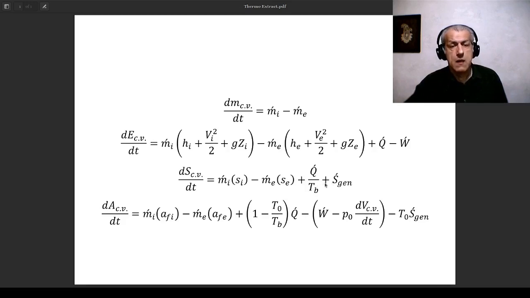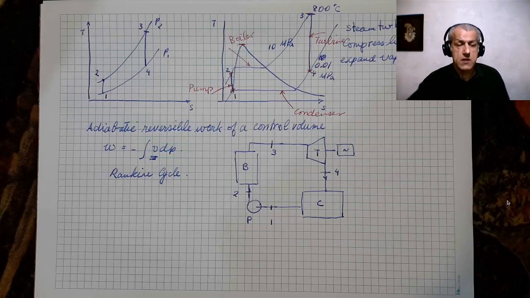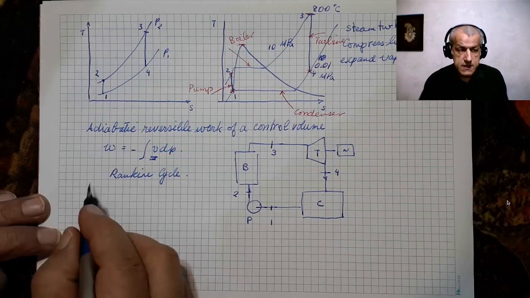But anyway, the heat transfer in a turbine is usually 0, but the heat transfer in the boiler and condenser is present. In the boiler and condenser, the work is 0, but in the pump and the turbine, heat transfer is 0.